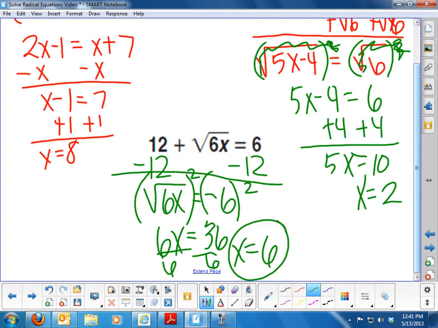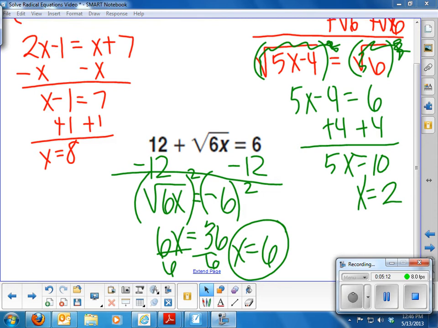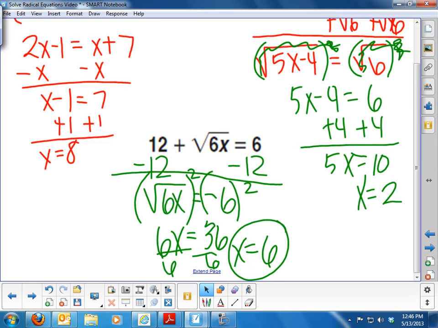Something is wrong here. Okay guys, so this last one is a little weird, and this brings up a really good point, something that we need to talk about. When I worked this out, I knew that this negative here was going to give me a little bit of potential problems when I was squaring a negative.